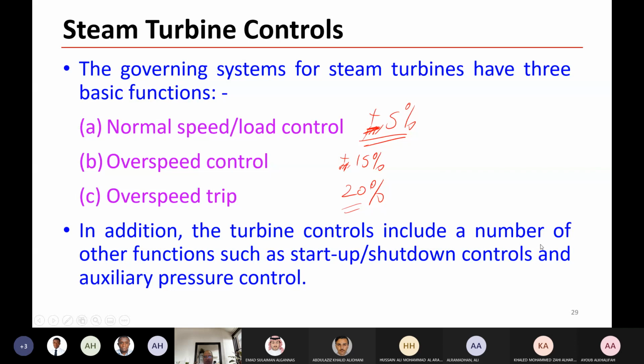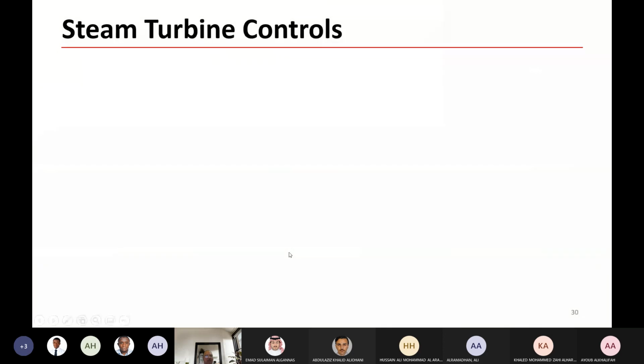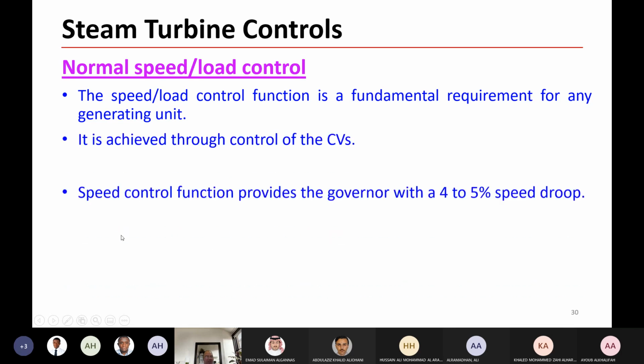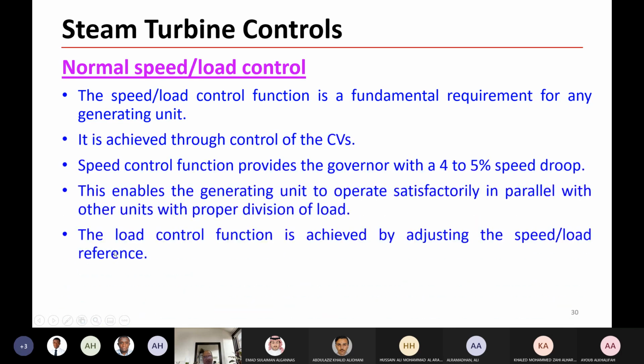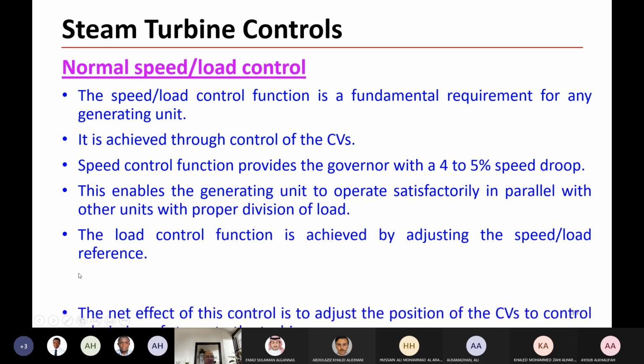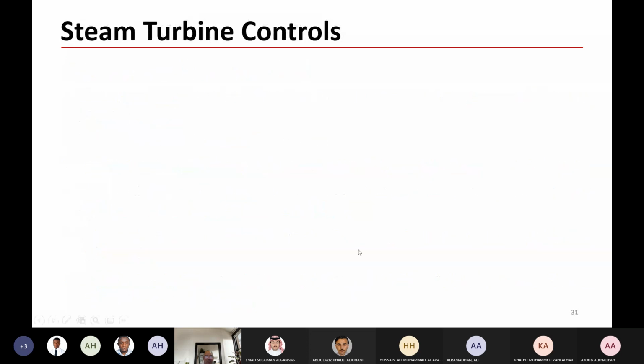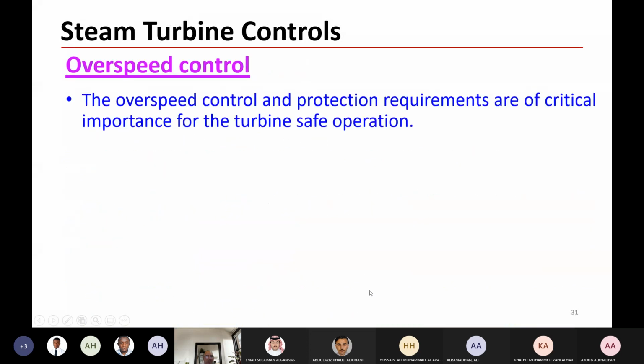In addition, the turbine controls include a number of other functions such as startup, shutdown controls, and so on. So with the normal speed, the speed control functions are fundamental. I think this is easy. You can read it. Nothing magic behind it.